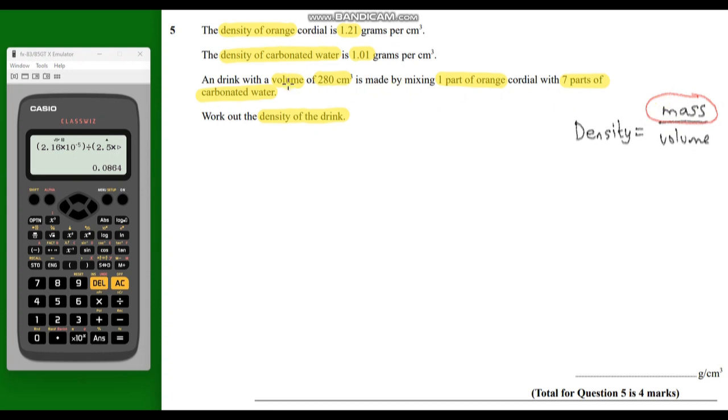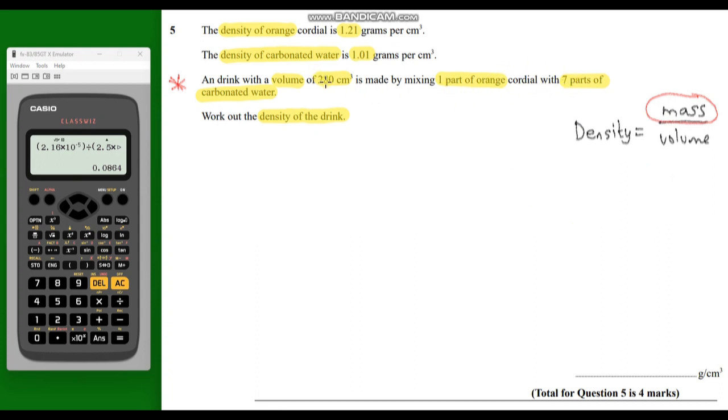First of all, let's take a look at this line here, because we've got some information that we can use. A drink with a volume of 280 centimetres cubed is made by mixing 1 part of orange cordial with 7 parts of carbonated water. So we can work out the volume of each individual part of that drink. There's 8 parts in total, 1 plus 7.